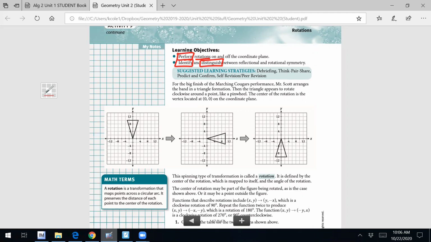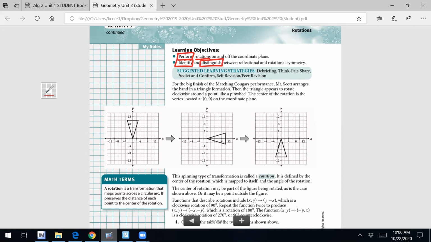Okay, cool. So it says, for the big finish of the Marching Cougars performance, Mr. Scott arranges the band in a triangle formation. Then the triangle appears to rotate clockwise around a point, like a pinwheel. The center of the rotation is the vertex located at 0, 0 on the coordinate plane.